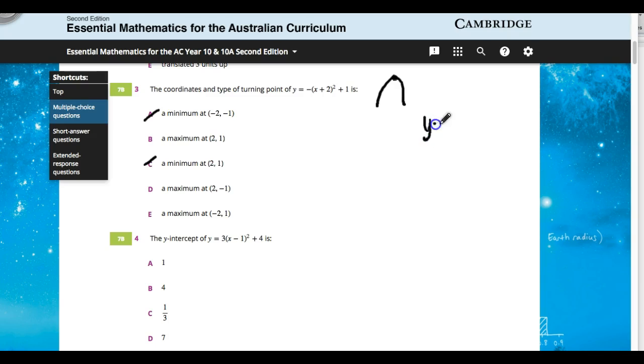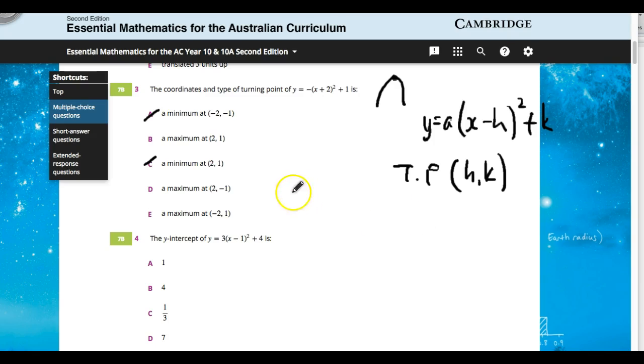Now, when you have turning point form, which I had written before, and I'm going to rewrite it again, your turning point is at the coordinates (h, k). So for this question, the value of h is negative 2 and k is 1. So your turning point is (negative 2, 1). So our answer is E.